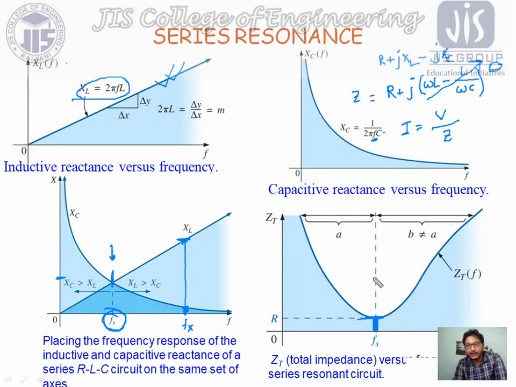Now one thing is clear: at the resonance condition the impedance Z is minimum, so what will I be at resonance?